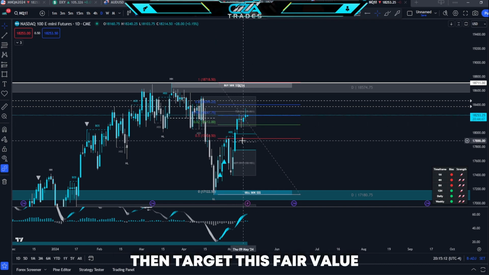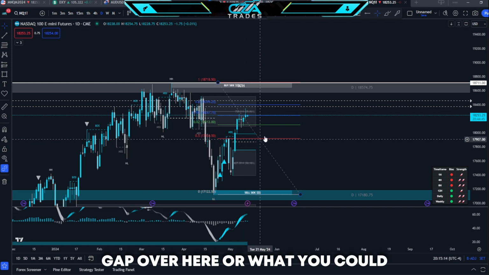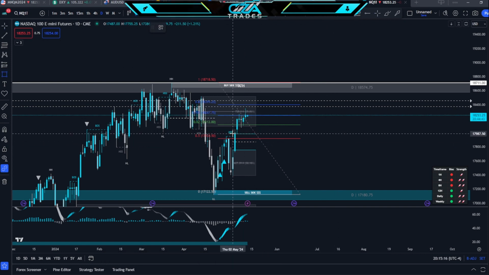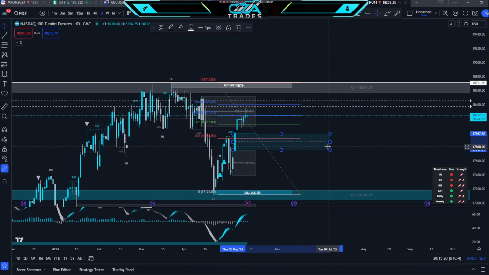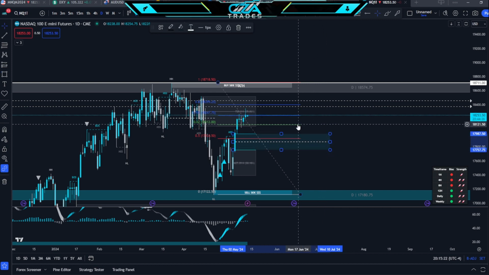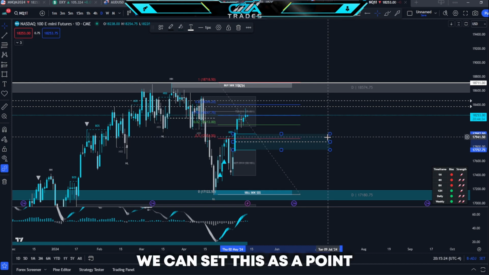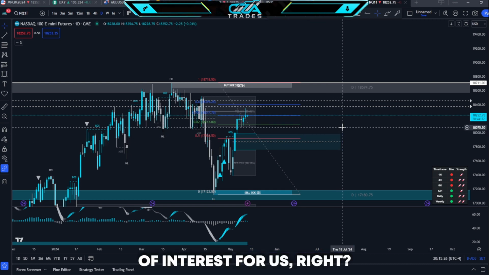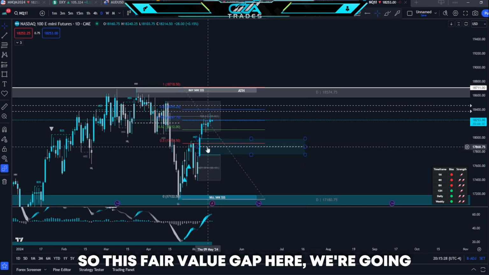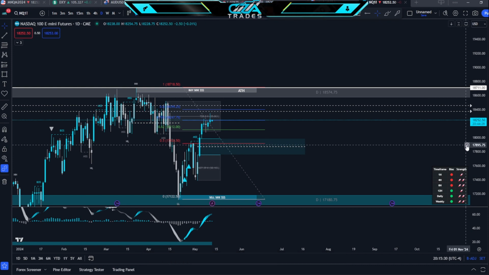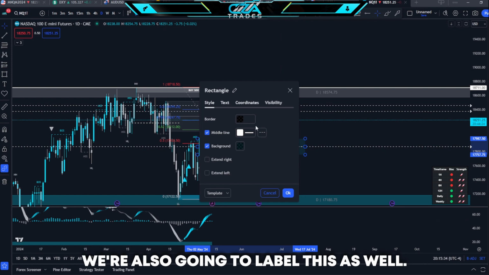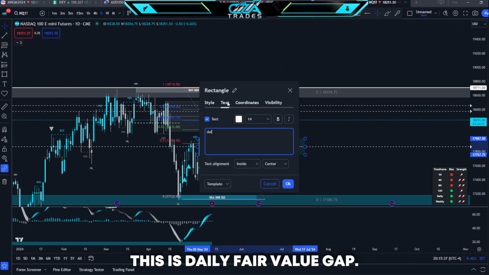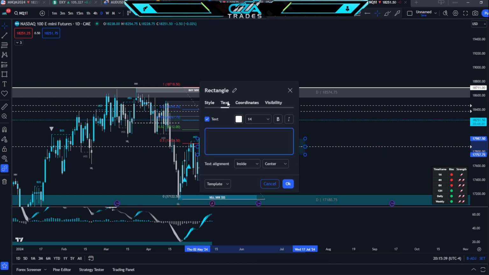Then target this fair value gap over here. Or what you could also do is, since we want to identify this area right over here, we can set this as a point of interest for us, right? So this fair value gap here, we're going to target this halfway point. We're going to set our alerts. We're also going to label this as well. This is a daily fair value gap, 50% mark.